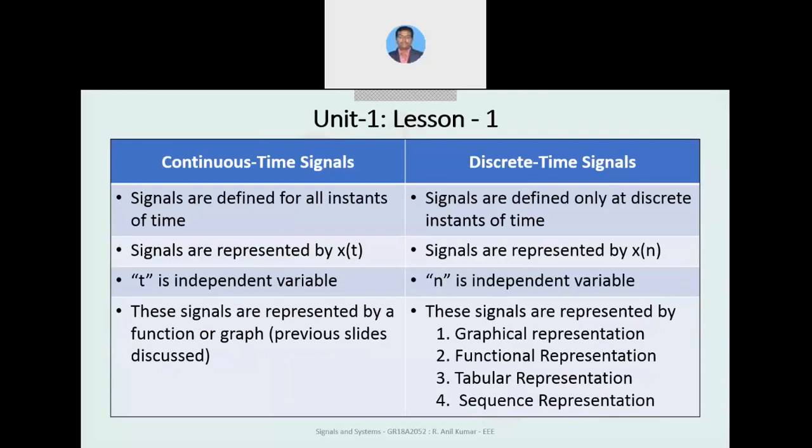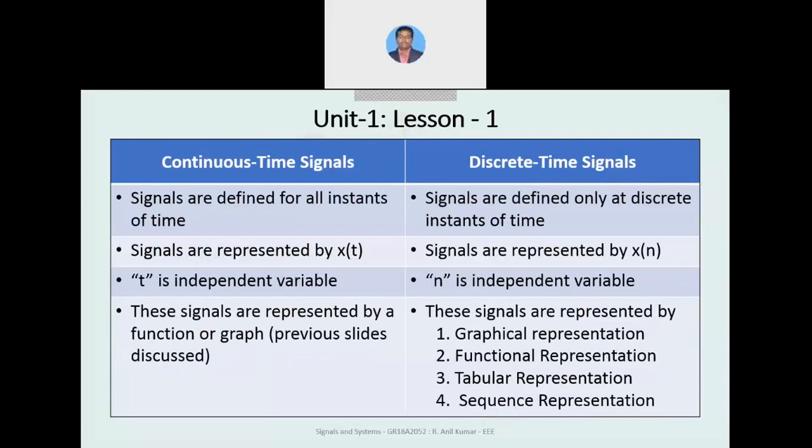Here we can see from the differences that continuous time signals are represented with x of t, and discrete time signals are represented with x of n, where n is the sample number.